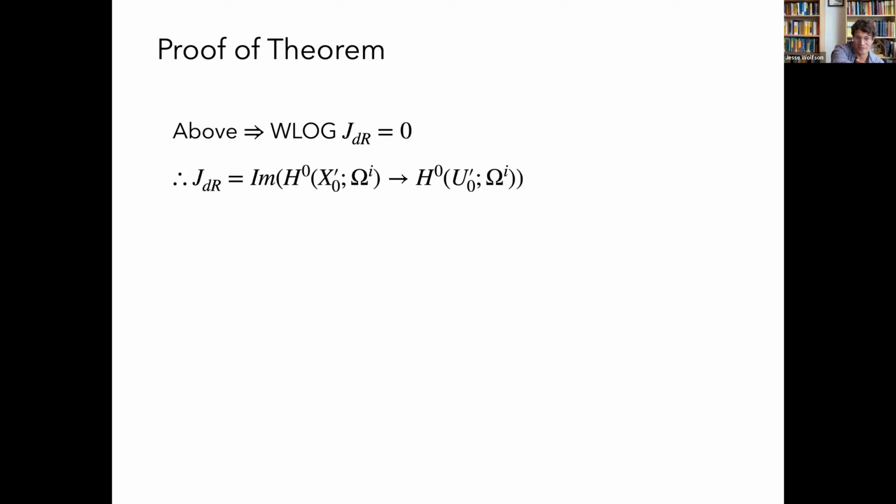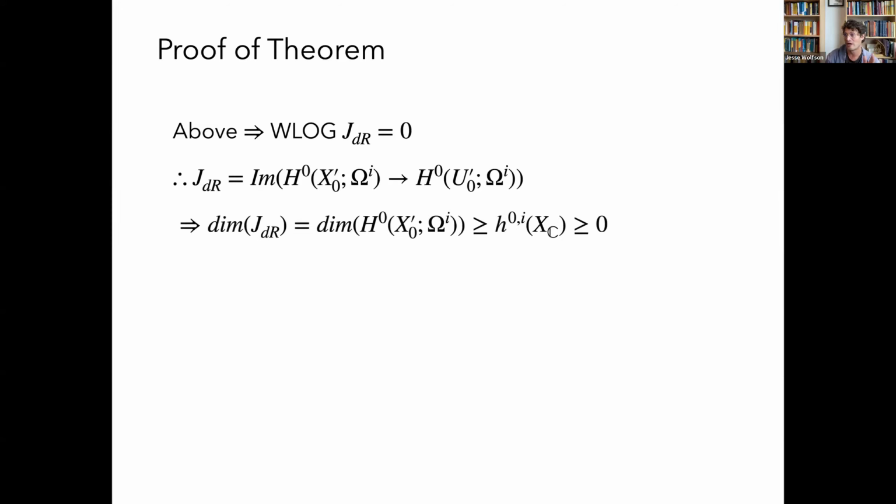So by all of the above, the thing that we're considering is just the restriction of i-forms on the special fiber, maybe after Frobenius twisting, to the restriction of i-forms on this Zariski open. The space of global sections of the sheaf of i-forms is lower semi-continuous.